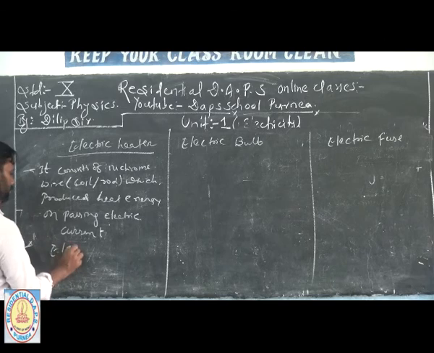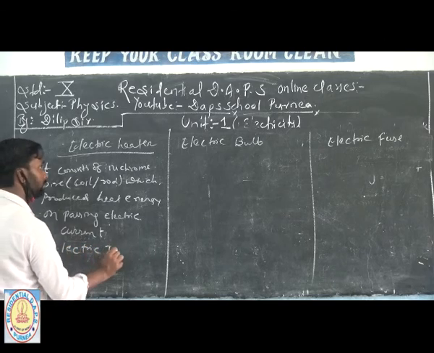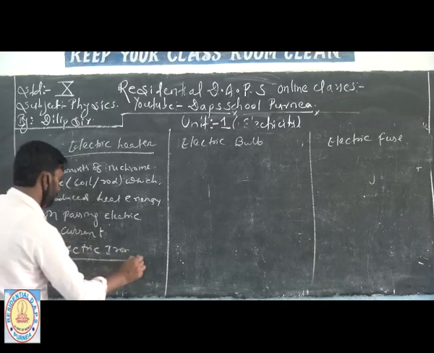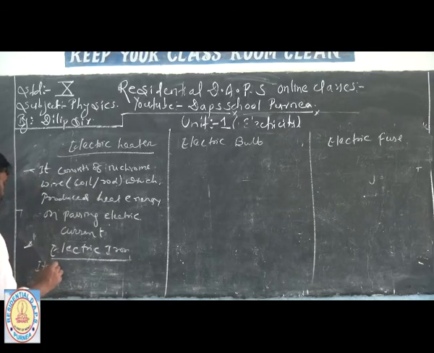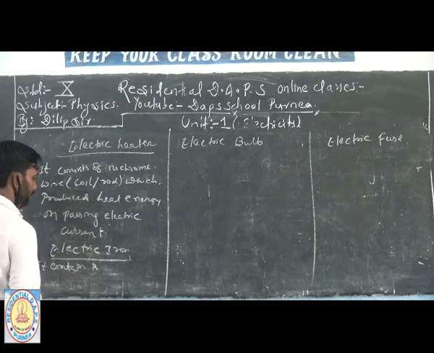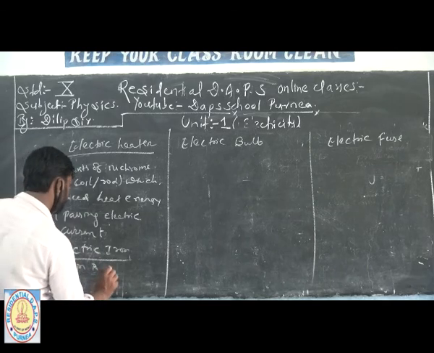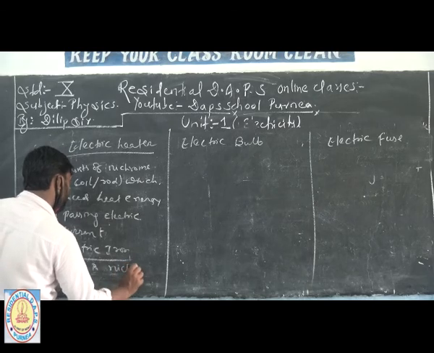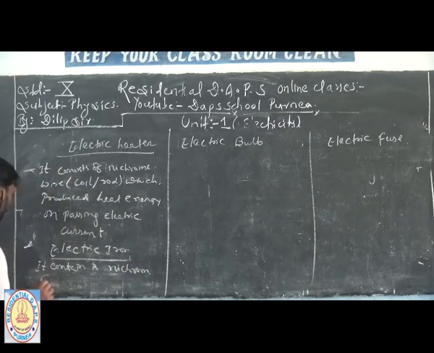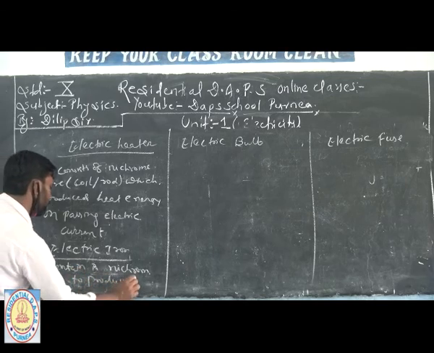Electric iron consists of a nichrome plate, nichrome coil to produce heat energy.